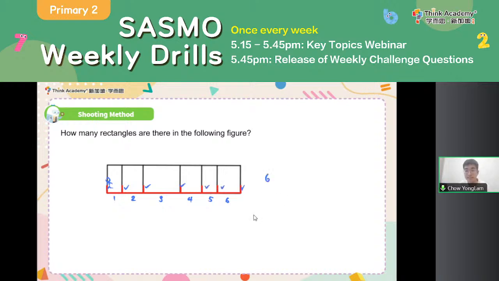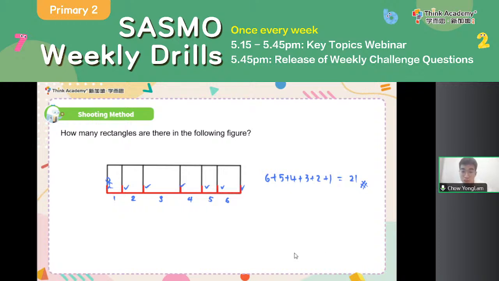So I start with a 6, and then the pattern is just 6 plus 5 plus 4 plus 3 plus 2 plus 1. As long as you get the first number correct, you just add all the way to 1 to get a simple answer, 21.